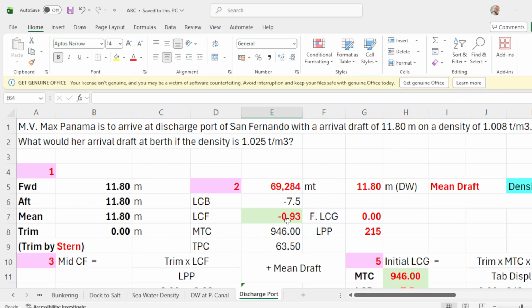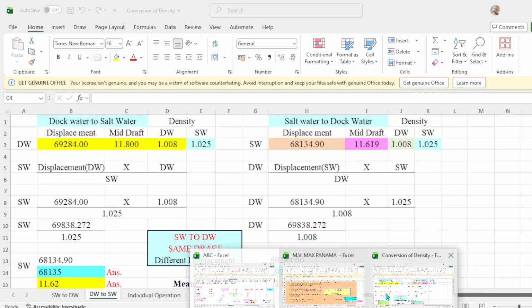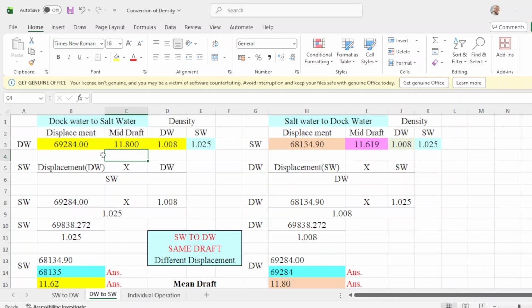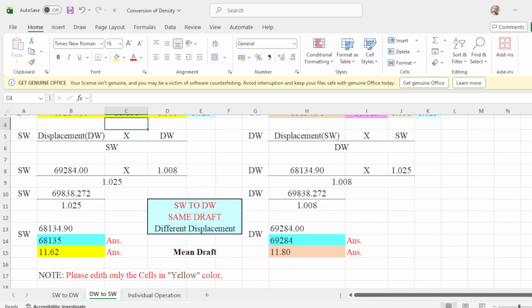It is 69284, okay? And your local density outside the berth is 1.018, and this one is constant. Then you apply the formula: dock water displacement times dock water density over your salt water density. And the result will be 68135.